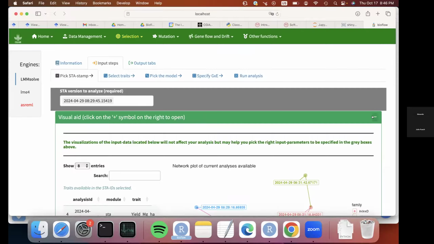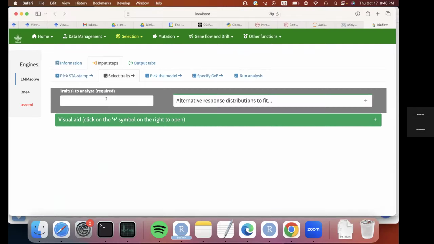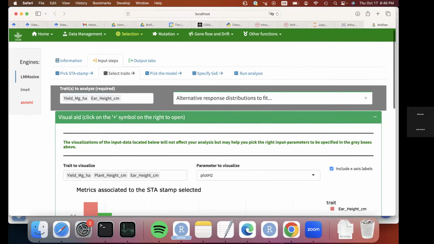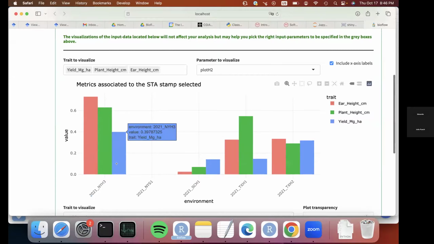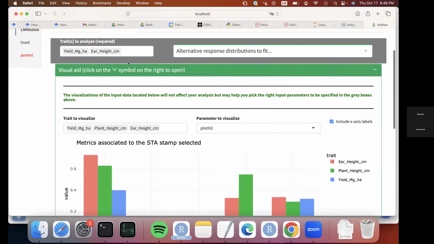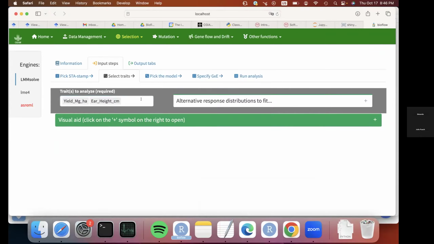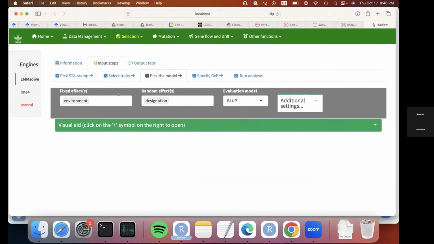As you heard from some of the users, it will be very intuitive. As you move, it will be very specific questions on how to do, what to analyze. And if you don't know what to put there, you can always open the graphical interface to see what should be selected. For example, here, which traits should be fitted in the multi-trial analysis to pick a model.